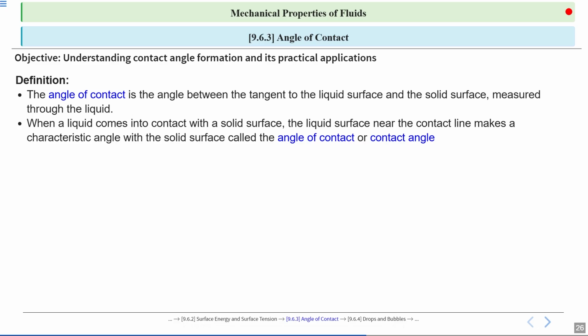When a liquid touches a solid, the surface of the liquid near the edge forms a characteristic angle with the solid. This is called the contact angle or angle of contact. The size of this angle tells us whether the liquid will spread out or form droplets. For instance, a small contact angle means the liquid spreads, while a large angle means it forms beads or droplets.